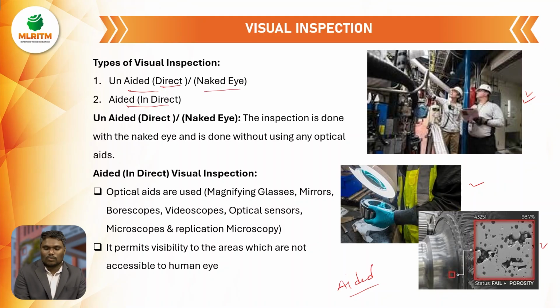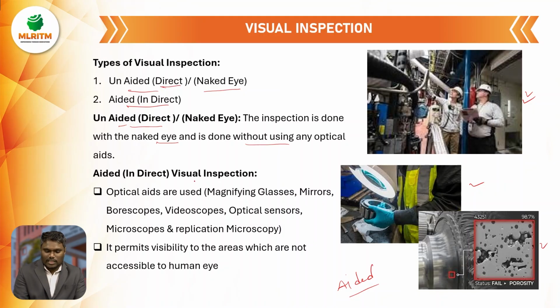The second is aided visual inspection, also called indirect visual inspection. Unaided direct inspection is inspection done with the naked eye, without any optical aids, without any instruments being used. That process is called unaided or direct visual inspection.